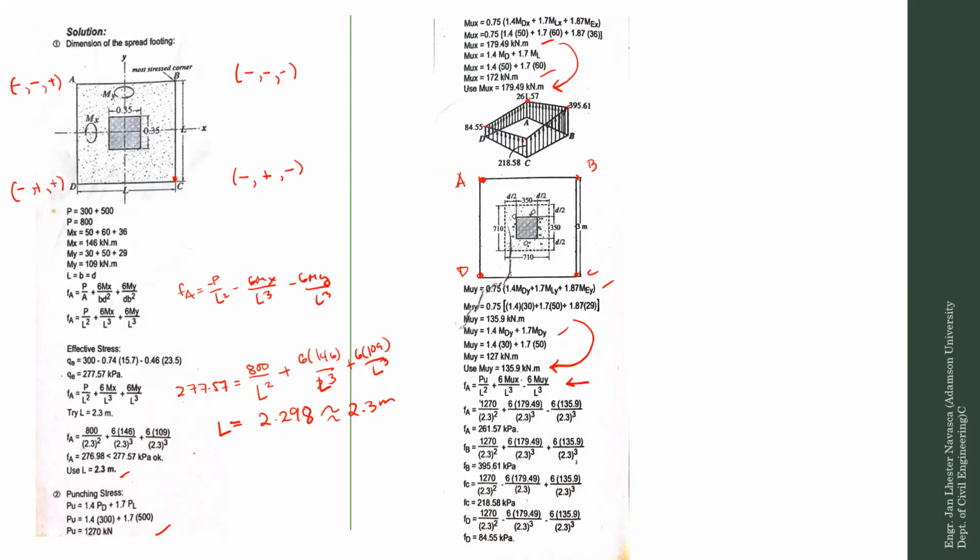The problem is medyo magtatagal or medyo mahirap yung pagsasolve ng pressure diagram. Okay. So ang solution is to use your Q average. Just simply average of the soil pressure at the center. So FA, FB, FC, FD divided by 4, you get your 240.08 kPa.